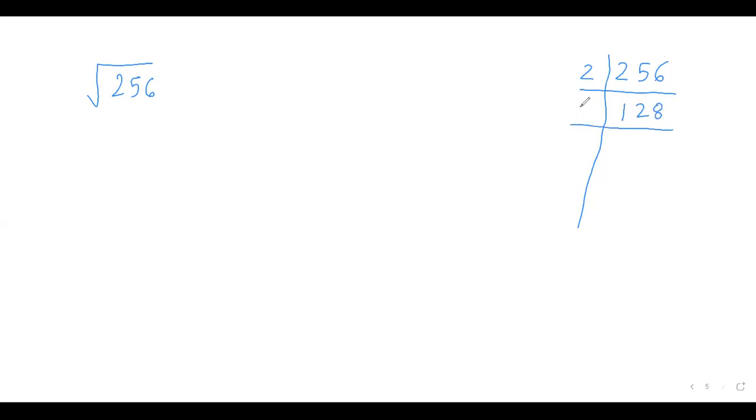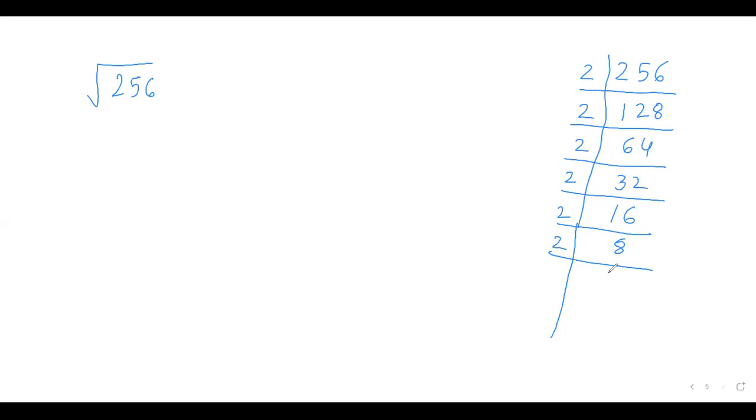I again divide by 2, I get 64. Again by 2, 32. Again by 2, 16. Divided by 2, 8. Keep dividing the number by prime numbers till you get 1. This is called prime factorization.